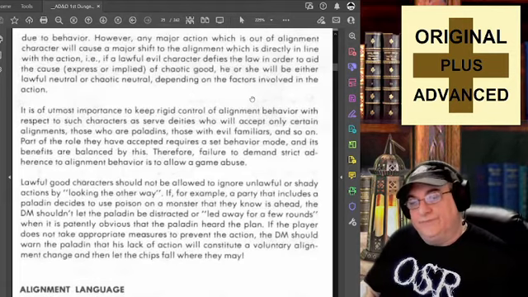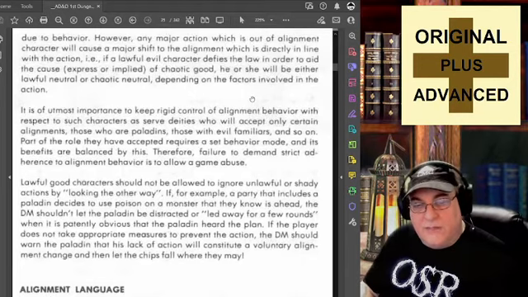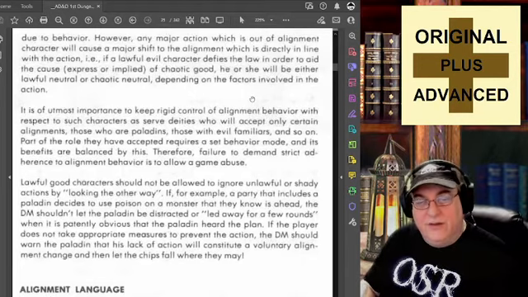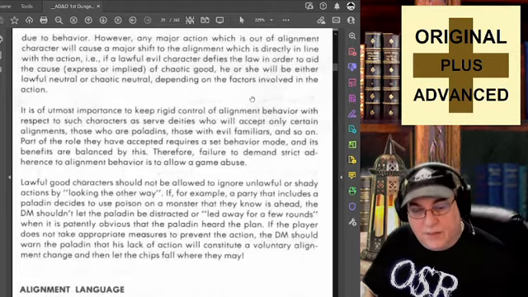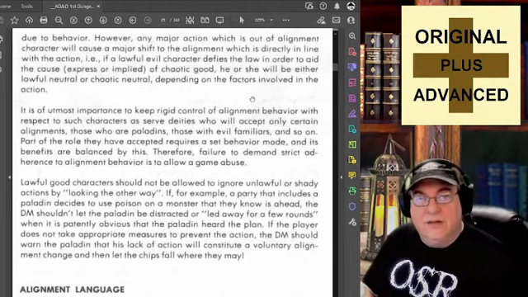So if you're going to use that class in your game and you are going to have those restrictions, then a player knows going in, and that's the case.